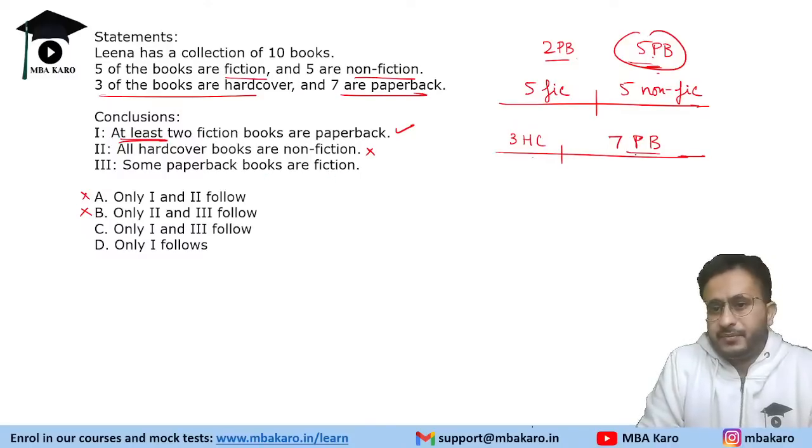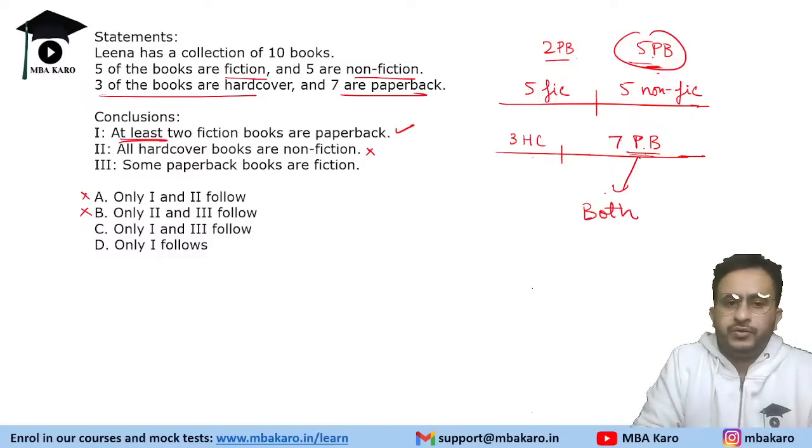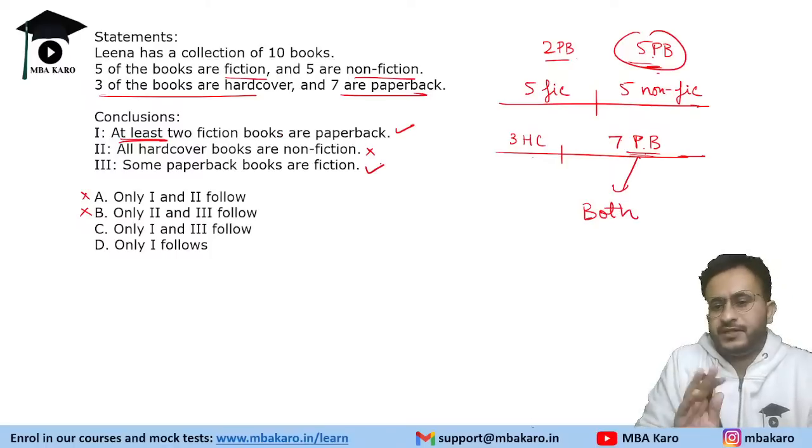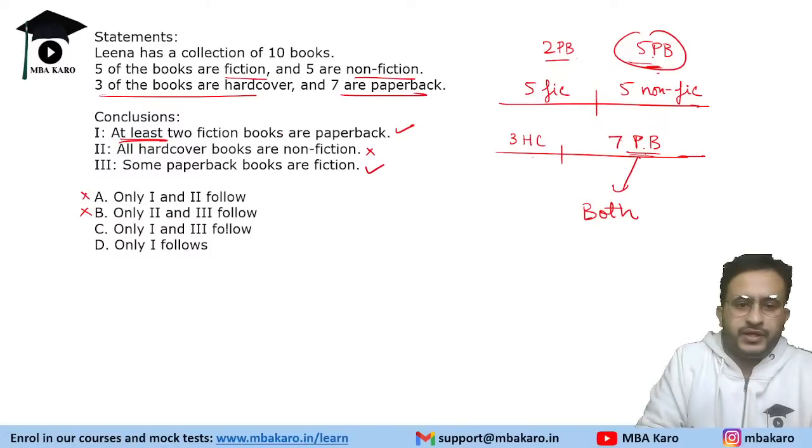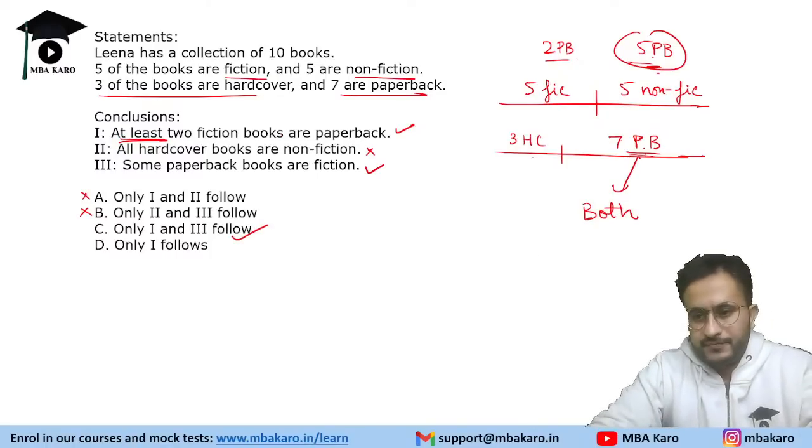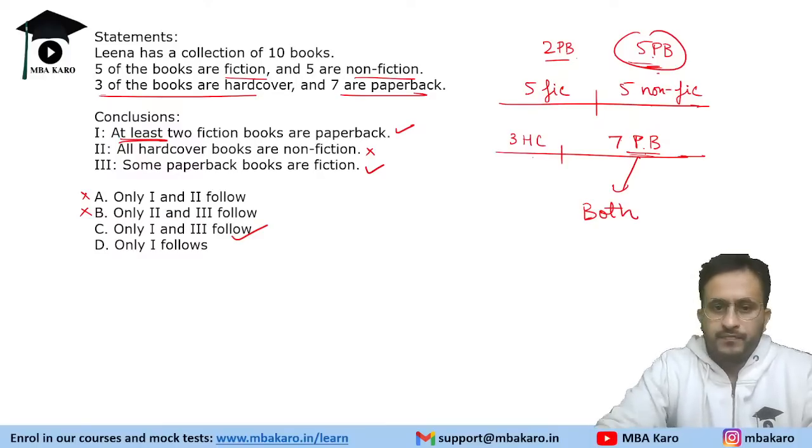See, paperback books have to go in both directions because there are only five non-fiction and five fiction. So paperback books will definitely be both types. So some paperback books will be fiction for sure. So one and three will follow.